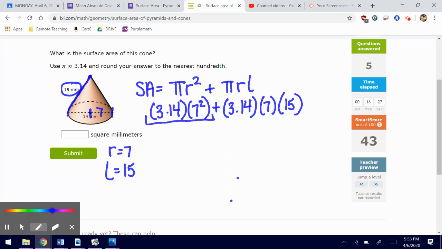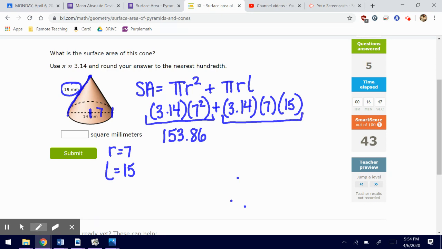So I've got 3.14 times 7 squared, which is going to be 153.86. Okay, now I'm going to do this second part, which is 3.14 times 7 times 15.